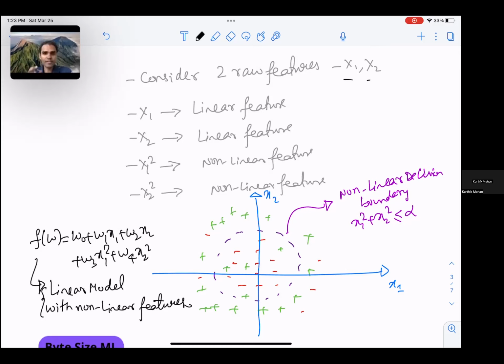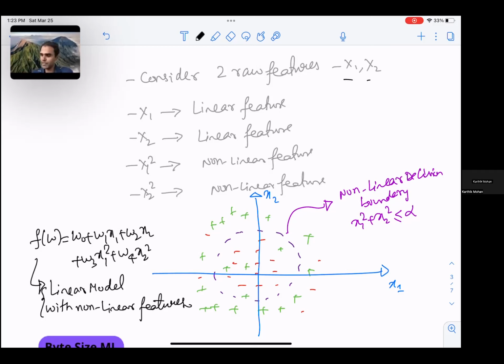So this is a hack where you can still have a linear model, but use nonlinear features and get something that has a nonlinear decision boundary. So for instance, here, when we use x1 squared and x2 squared, if w3 and w4 are equal to 1, or they're equal to each other, then you form a circle, and anything below that circle, you can say it's a negative class, and anything above the circle is a positive class.